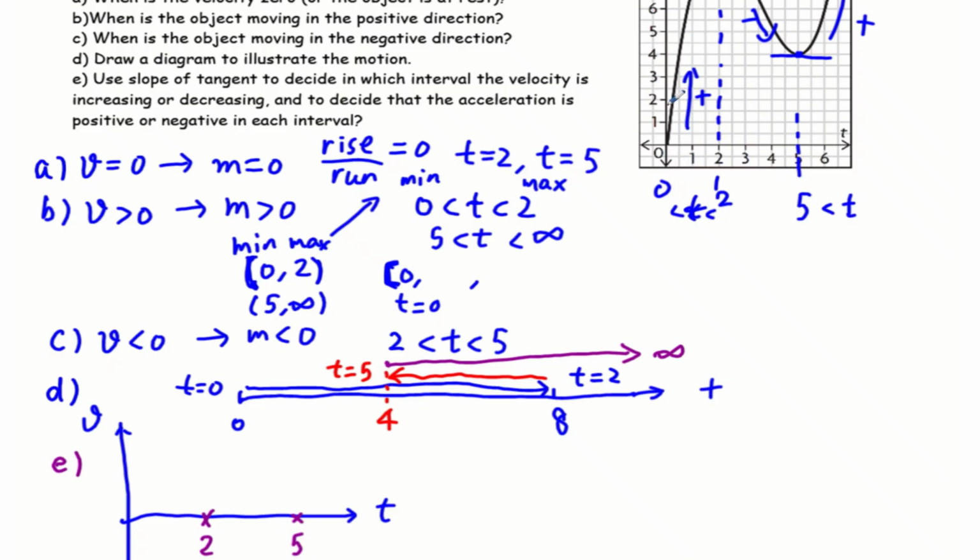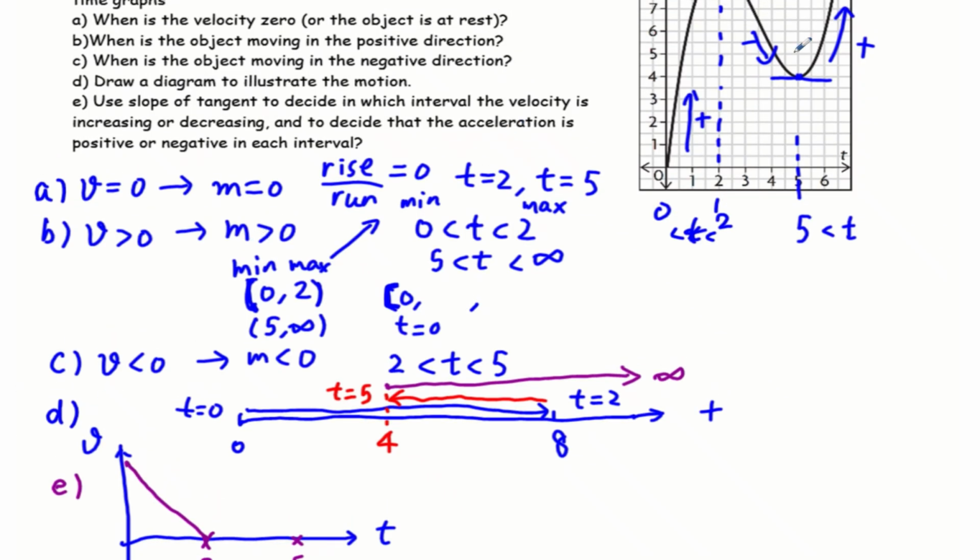The slope is steeper, then slowly drops, so v goes from a bigger number and drops to 0. Then from 2 to 5, it goes from 0 to negative.